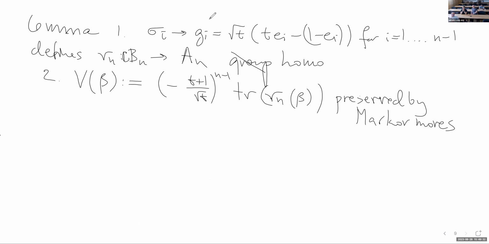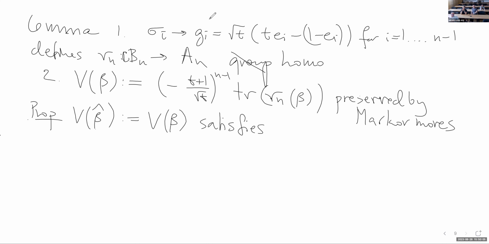So consequently, maybe a proposition: I should now take a closure of that, which by definition is going to be that. It satisfies the Jones skein relation.